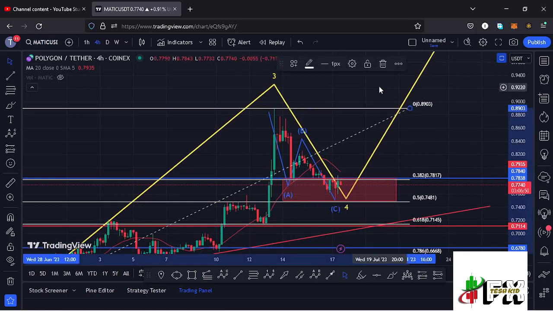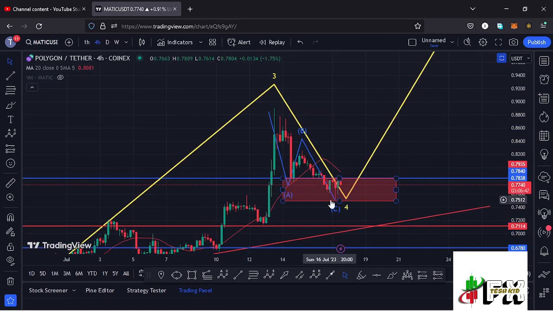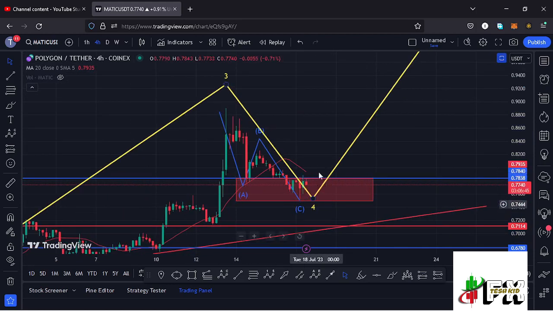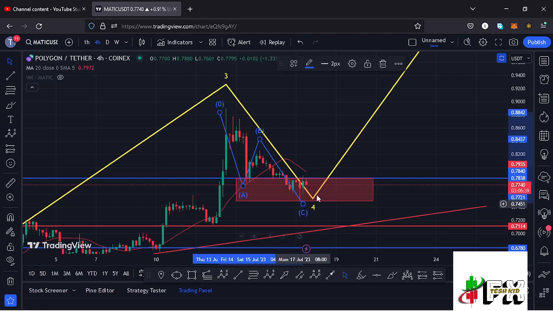And I'm expecting that Matic is going to give us a very nice reaction to this target area and start gearing up, since there are high chances that we now have a low in place for the fourth wave, where we have been breaking down in this ABC corrective structure.